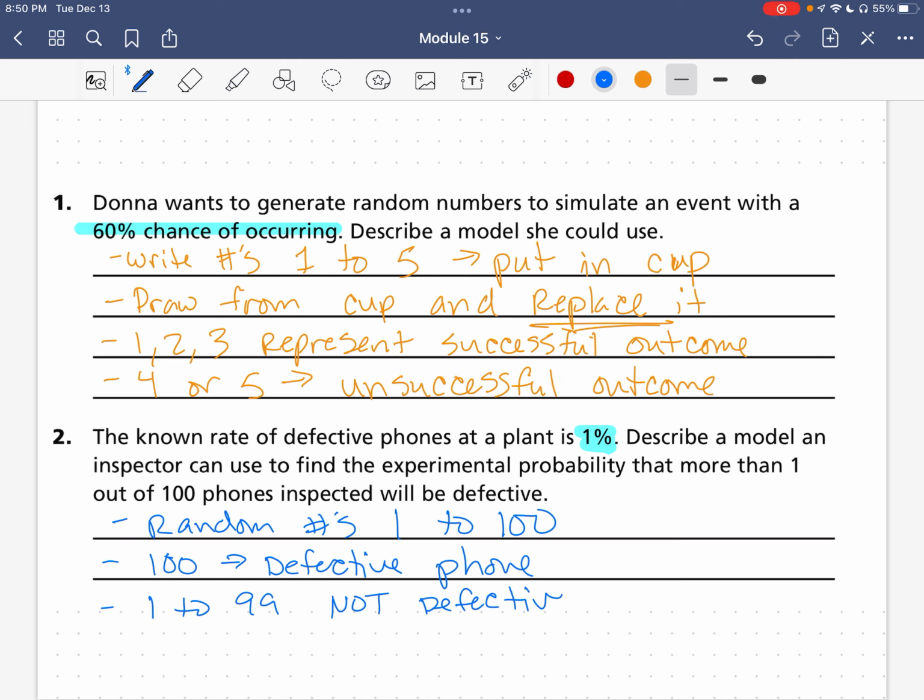So those are the good phones. We would need to run 100 trials, with 100 numbers in each trial.